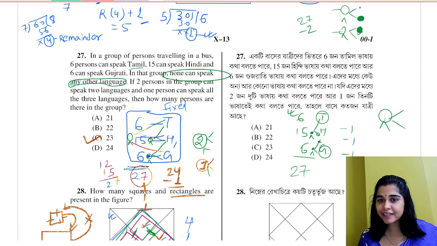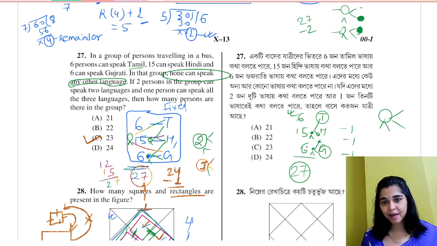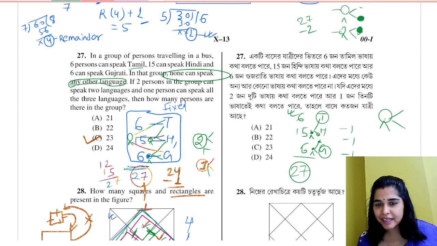One is included in 27 because suppose I am in the sixth, I know Gujarati language, I know Hindi language. So suppose I am in the Hindi language and I am saying Hindi language, and I also know Tamil language. So I know Hindi language and I know Tamil language.